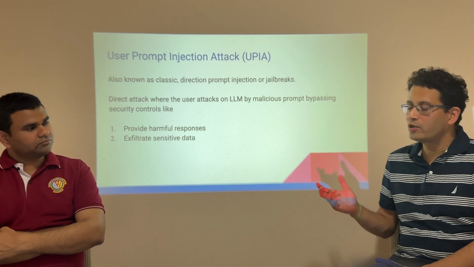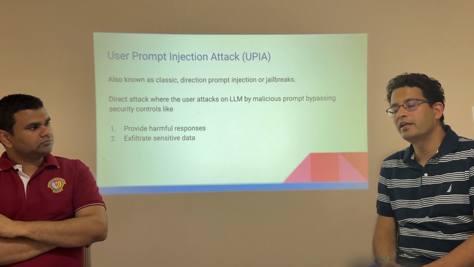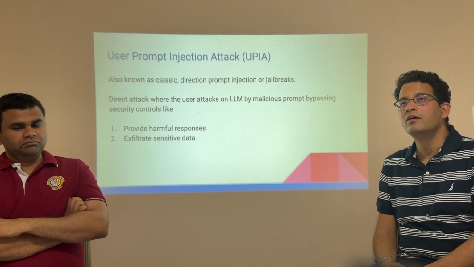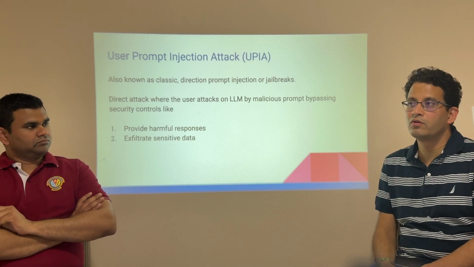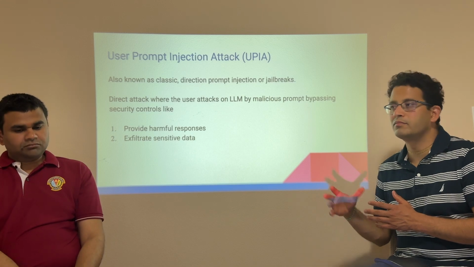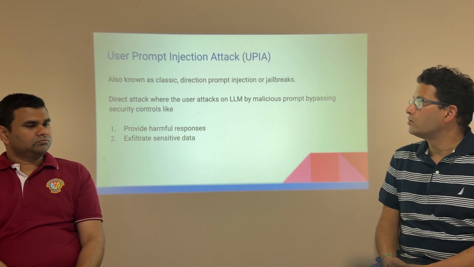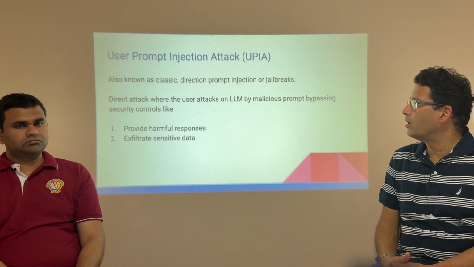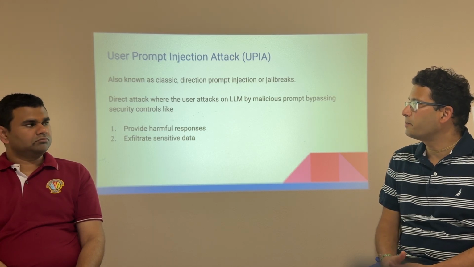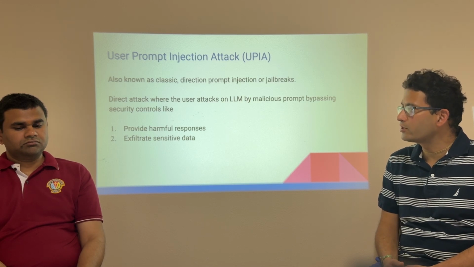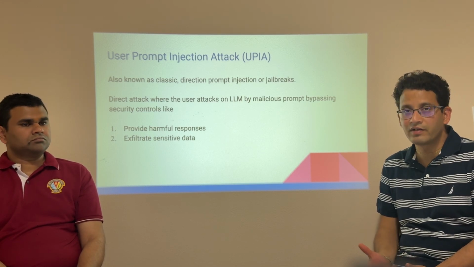As we saw, there are two types of prompt injection attacks. The first one is the user prompt injection attack, like we discussed in the beginning, where the user is actually passing the prompt. It doesn't get anything from a third party. These kinds of attacks bypass the security controls, can provide harmful responses, and can exfiltrate sensitive data.